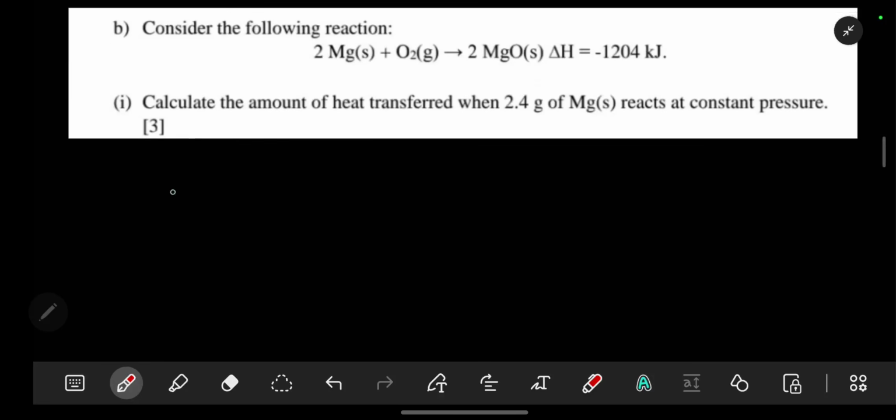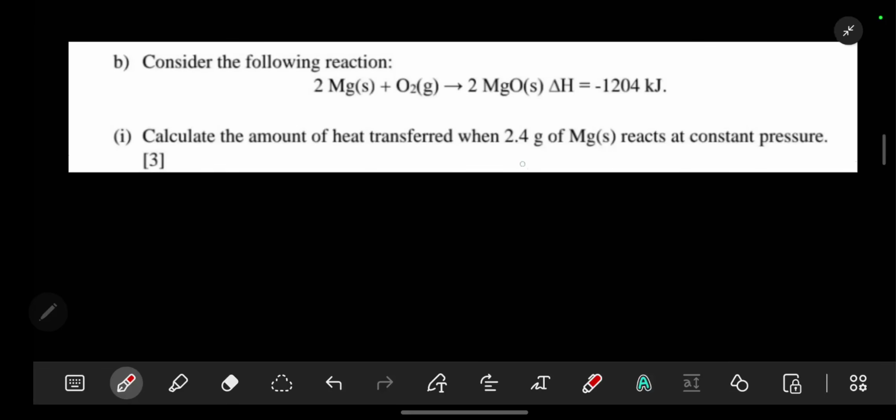So look at what they have given you. They have given you magnesium. You are going to treat the molar mass to be the mass itself. And the difference is that for mass, you are going to consider the number of moles, this number in front.